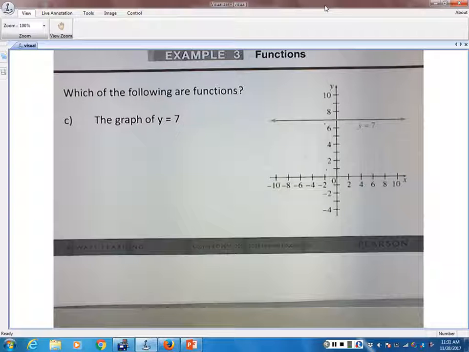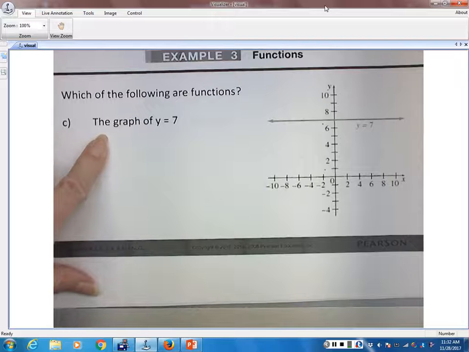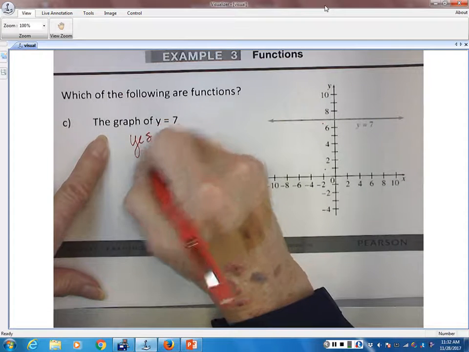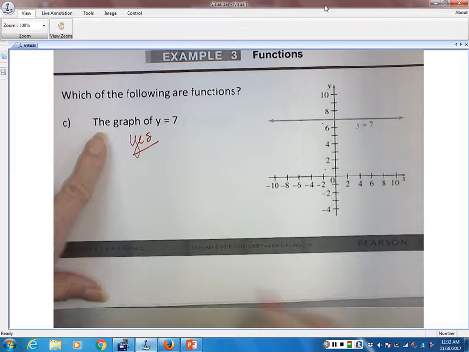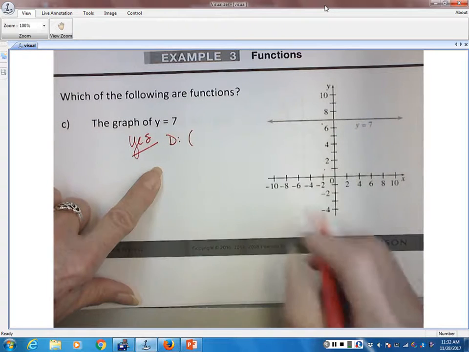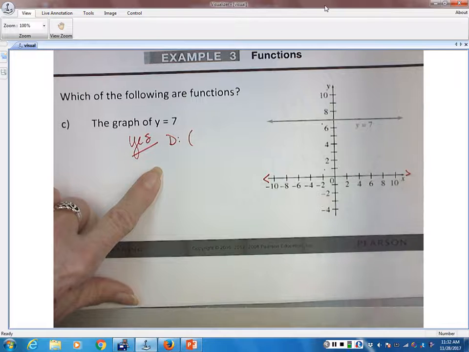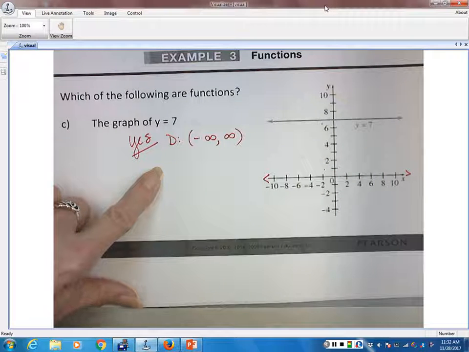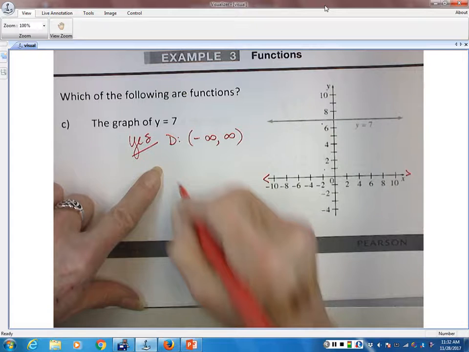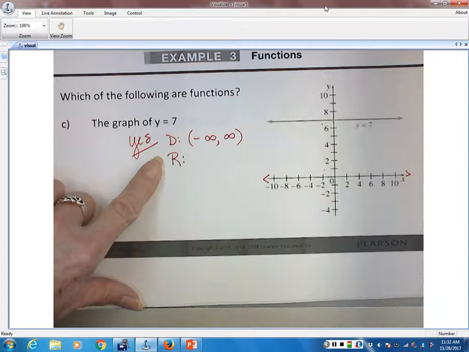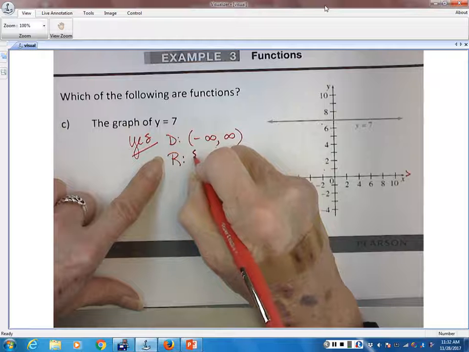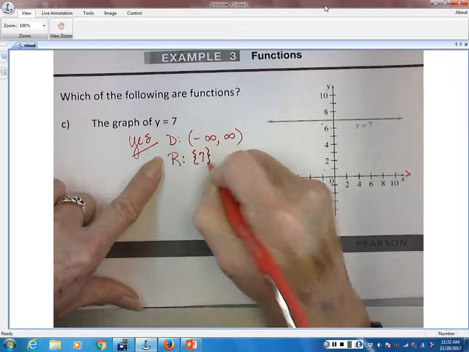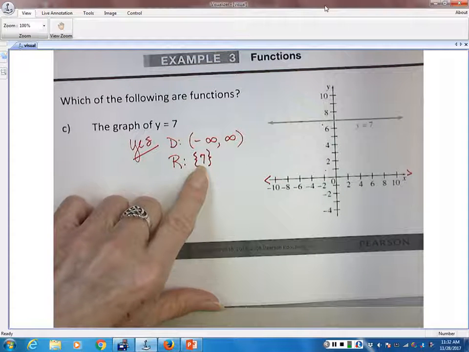What about this one? Yes, it is a function. It's a function even though the domain goes from negative infinity to positive infinity, which we say in words as all real numbers, but it only has one single range value, and everybody has that same value. So when you only have one single range value, you put it in little curly brackets and say, this is all there is, folks, this is it.